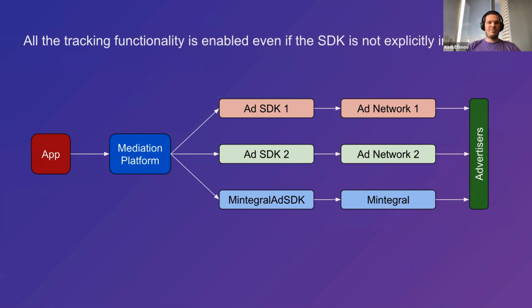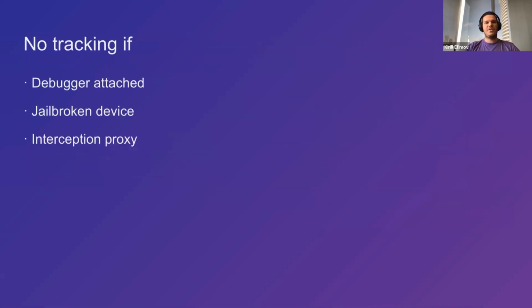Hence, in many cases, developers are not even aware which exact advertisement SDKs are integrated in the app they wrote. And in the case of the Mintegral SDK, the tracking could be enabled even if the developer never heard about Mintegral, if he or she installed it as part of a mediation platform.